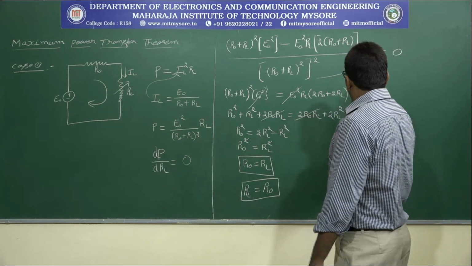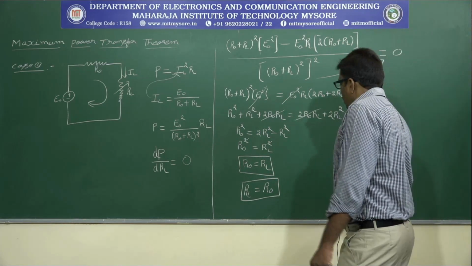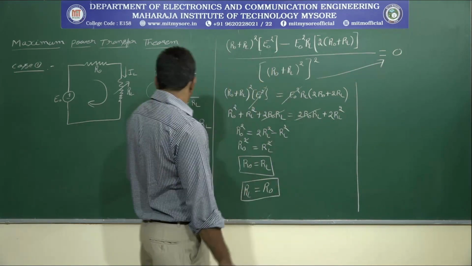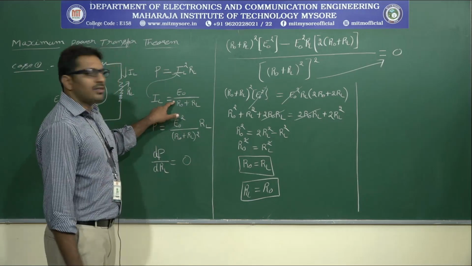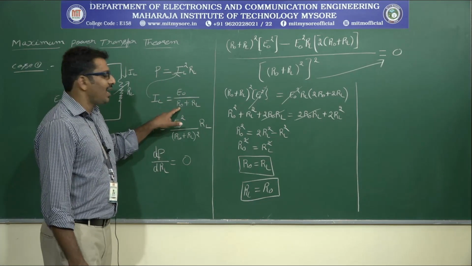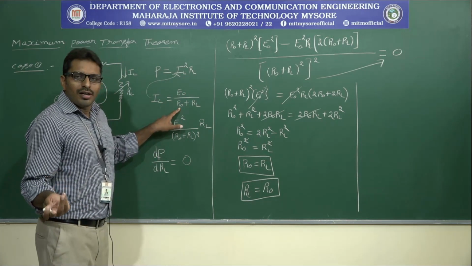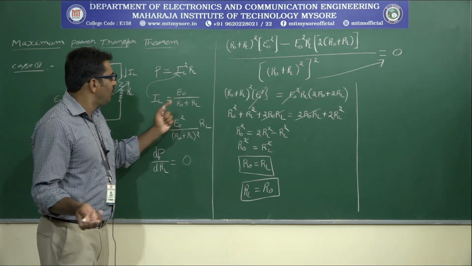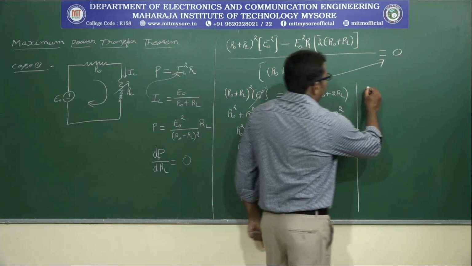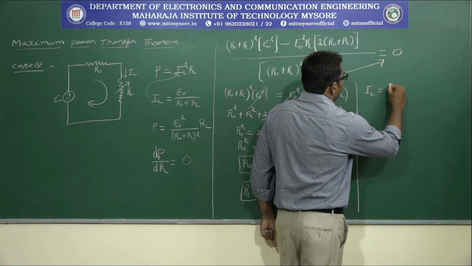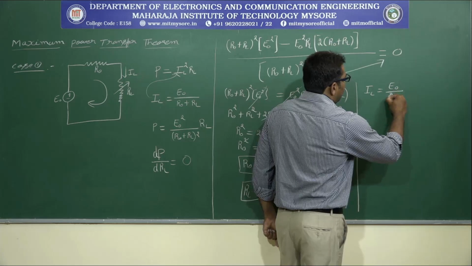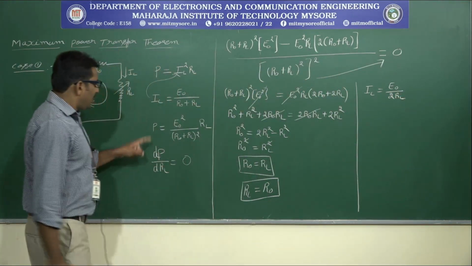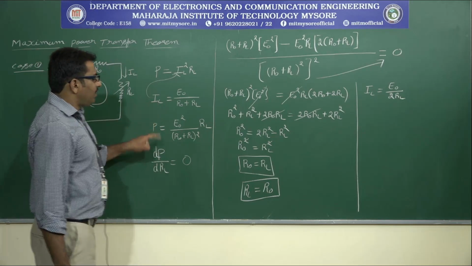Knowing that RL is equal to R naught, just find IL. IL is equal to E naught divided by 2 R naught or 2 RL, because R naught and RL are the same. So let me substitute IL equal to E naught divided by 2 RL.